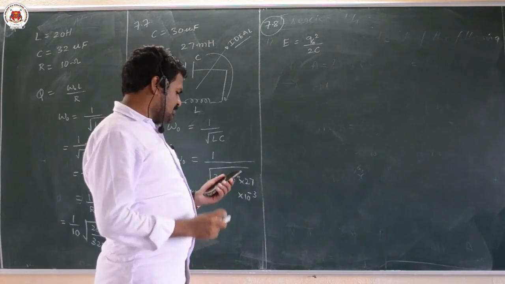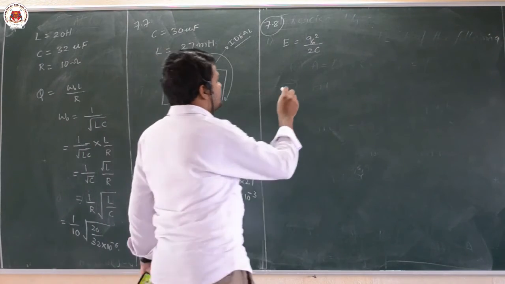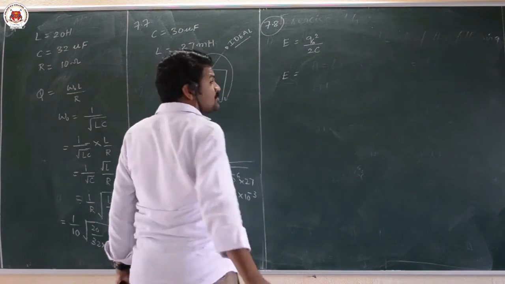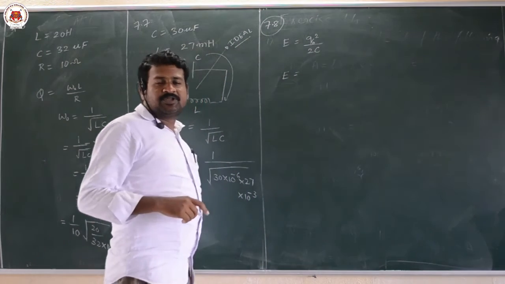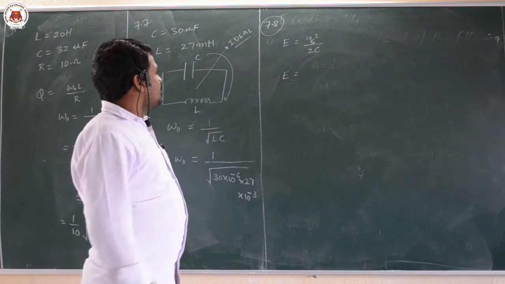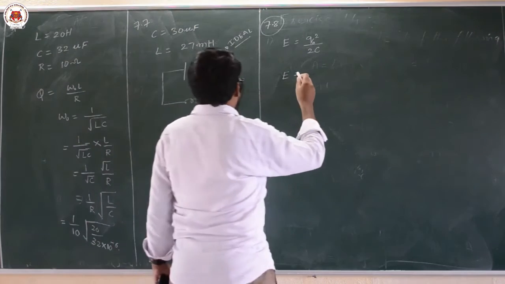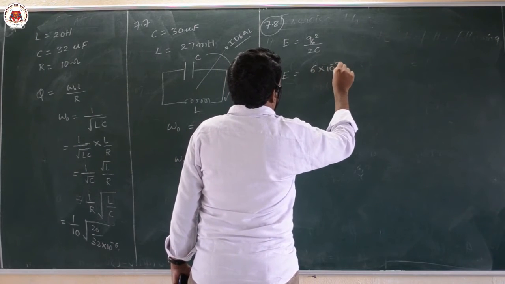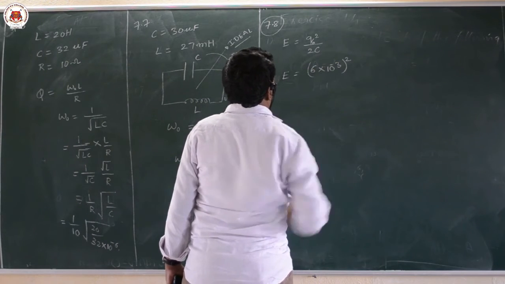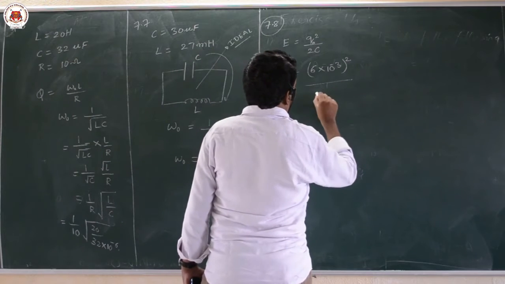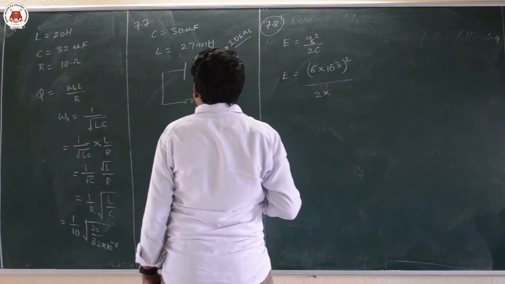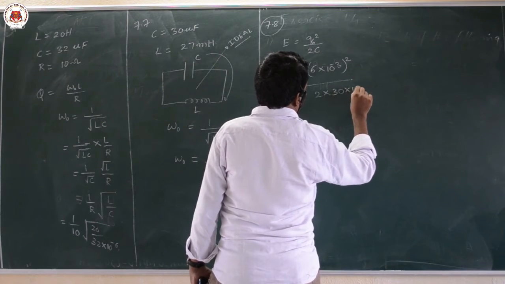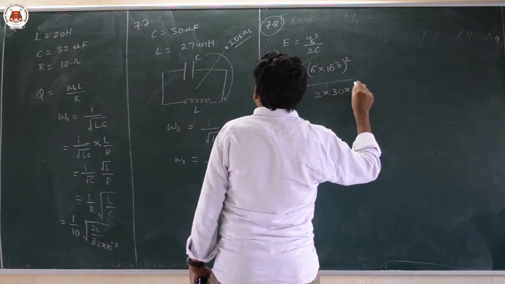Q is given as 6 millicoulomb, and you take the capacitor value from 7.7. So the energy is 6 into 10 power minus 3, whole square, divided by 2 into 30 into 10 power minus 6.